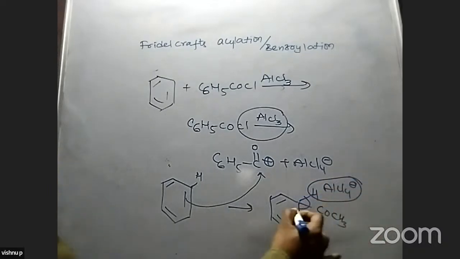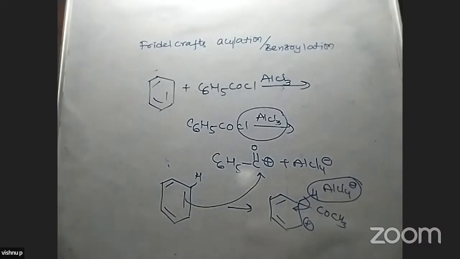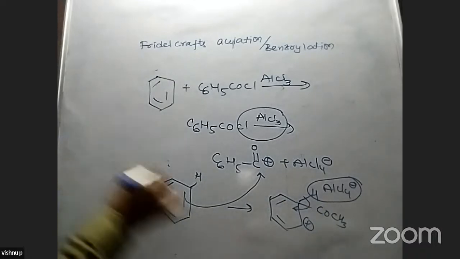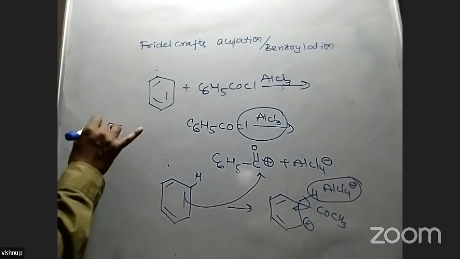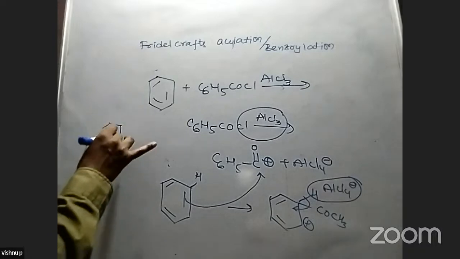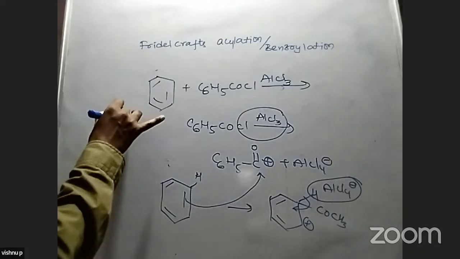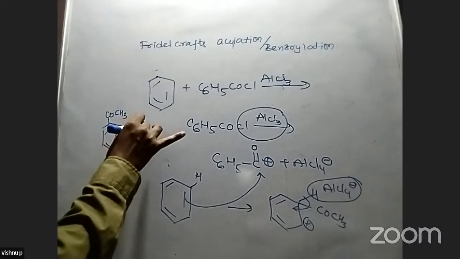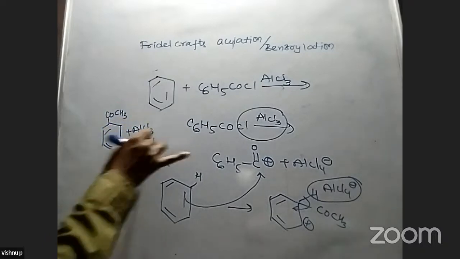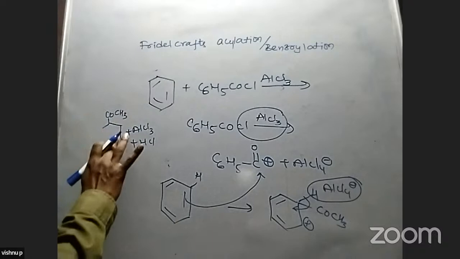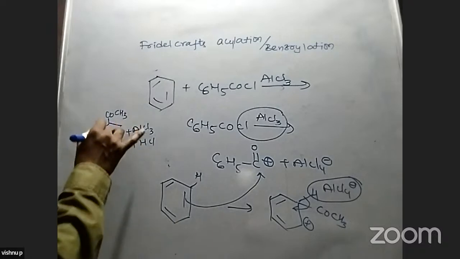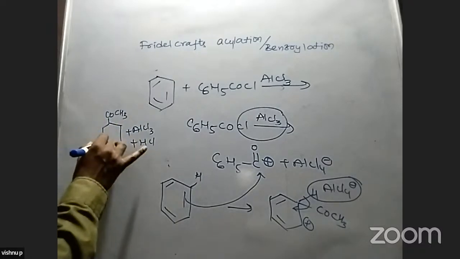This hydrogen is separated, these electrons are transferred to this position. What type of compound is formed here? COCH3 with the AlCl3 plus the HCl is formed in this reaction. We get this compound.